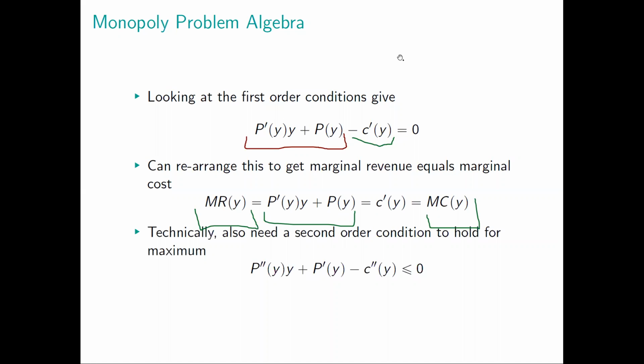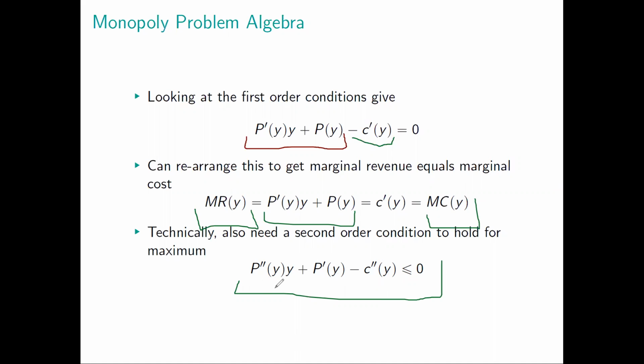Technically, we also need a second order condition to hold in order for this to be a maximum. So this condition here is just local concavity, right? So concave functions are those whose second derivatives are negative or weakly negative, sorry. So this is just the condition that these are the maximum.